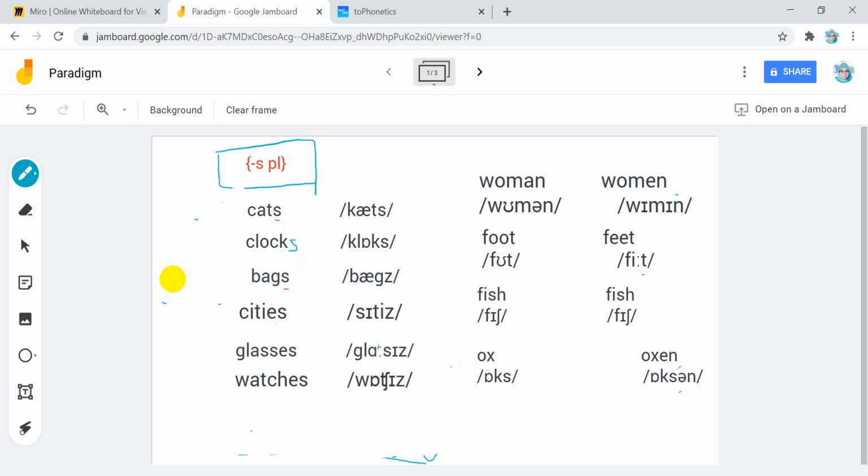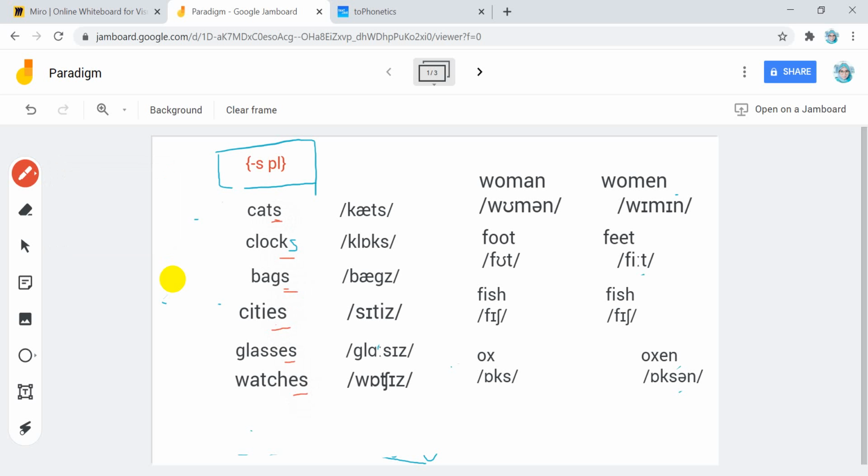So here, the last sound, all of the words on the left end with S to mark the plural. Either S or ES. But it has several paradigms.